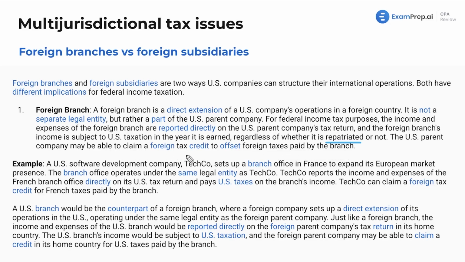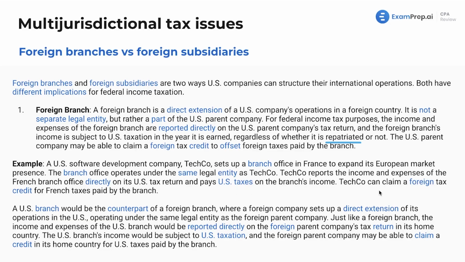We've got an example here. A U.S. software company called TechCo sets up a branch office in France to expand its European market presence. The branch office operates under the same legal entity as TechCo. TechCo reports the income and expenses of the French branch office directly on its U.S. tax return and pays U.S. taxes on the branch's income.